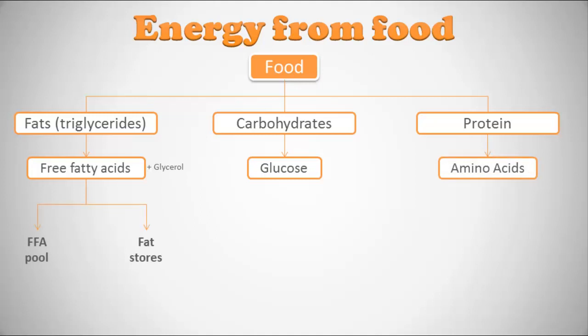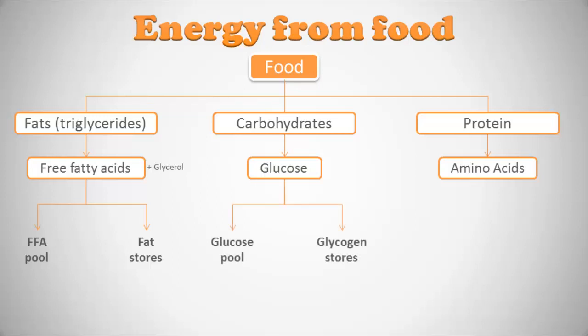So this is a critical point. When you have that meal, fat's going to be broken down into free fatty acids, and some of those are going to be free floating in what's called a free fatty acid pool. Think of it as free fatty acid molecules floating around in your blood. But then some of it is going to be stored as fat, white adipose tissue under your skin.